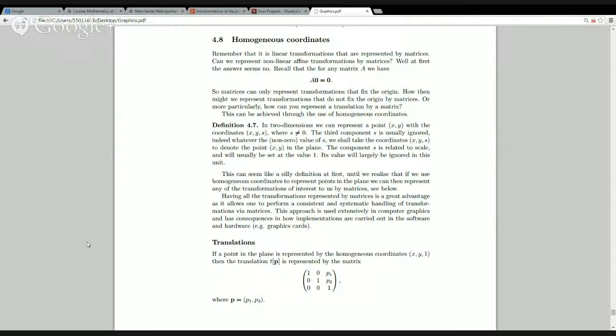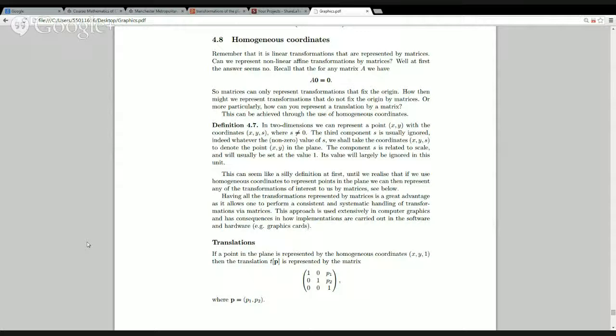And that's this way here. If we have homogeneous coordinates for the point x, y, and we have the third coordinate s as 1, that'll be the standard way of representing a point in homogeneous coordinates. So a point in the plane will have homogeneous coordinates x, y, 1. Then, when we multiply it by this matrix, this will have the effect of translating the point by the vector p, where p is p1, p2.